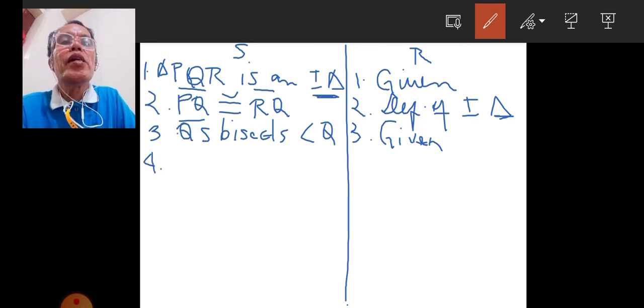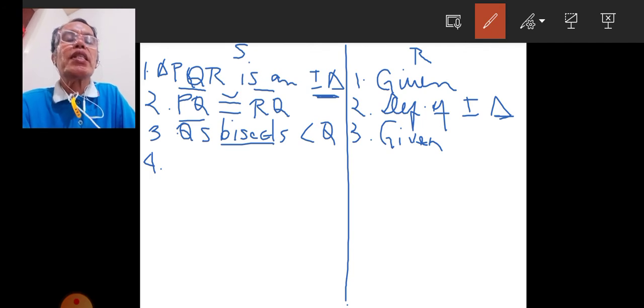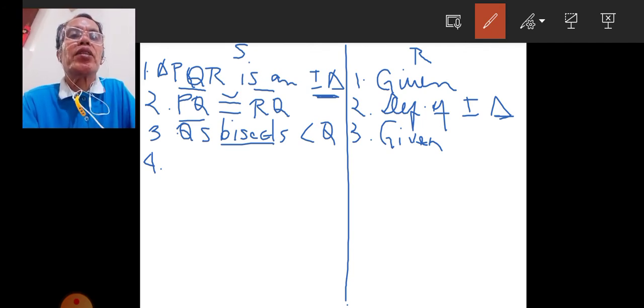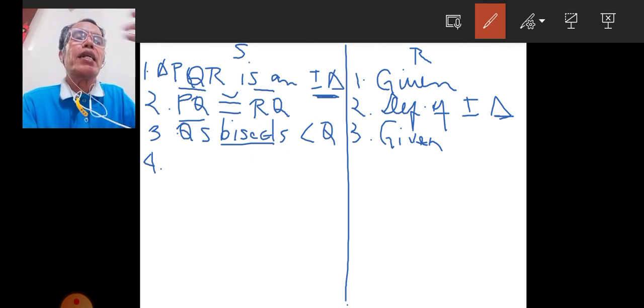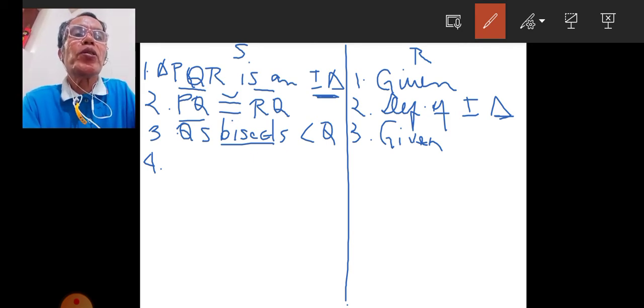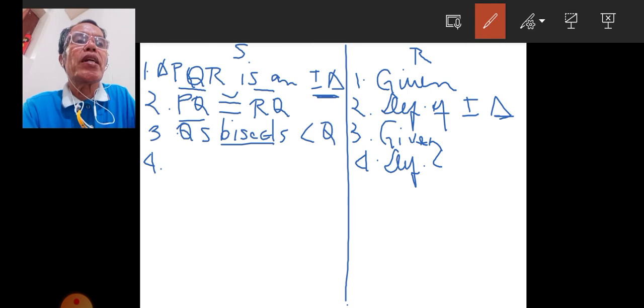For number 4, you have the word bisect, and QS serves as a bisector. And what did it bisect? It bisected angle Q. Therefore, segment QS now serves as an angle bisector. So the reason for number 4 must be definition of angle bisector.